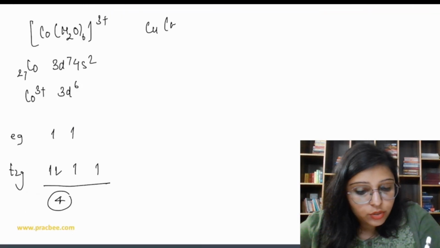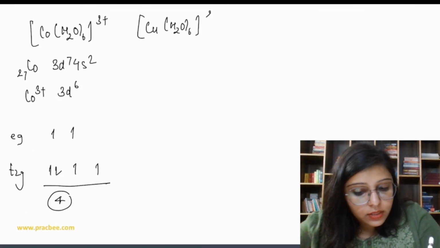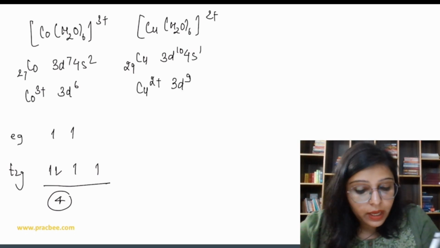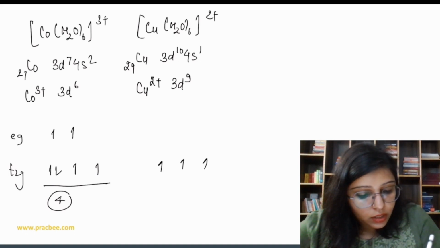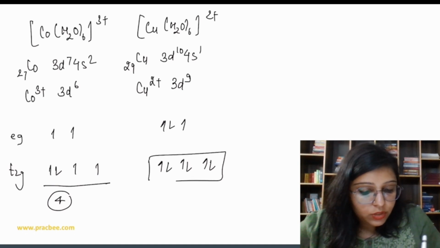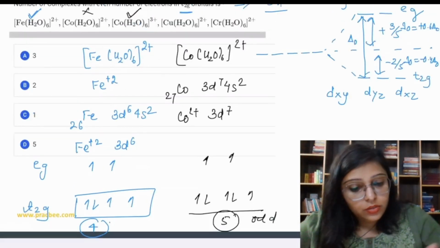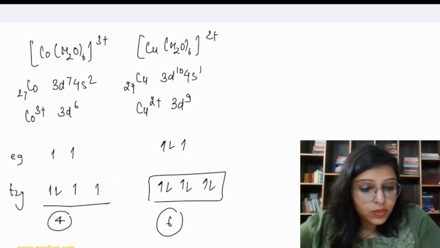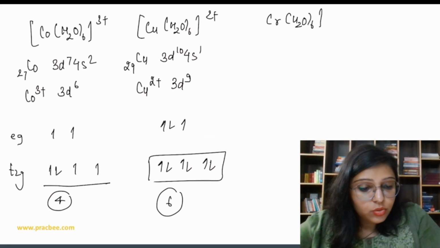Now let's check [Cu(H2O)6]2+. Copper is 29, which is 3d10 4s1, but Cu2+ is going to be 3d9. So 1, 2, 3, 4, 5, 6, 7, 8, 9. In t2g we have 6. That is even, so this is also true. Now let's check the last one, [Cr(H2O)6]2+. Chromium is 24 and the configuration is 3d5 4s1.